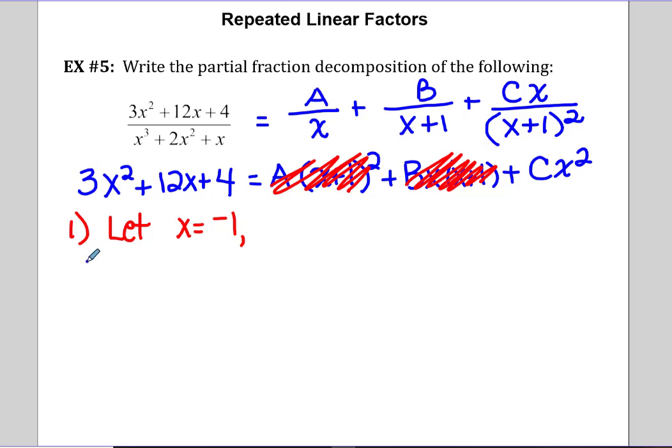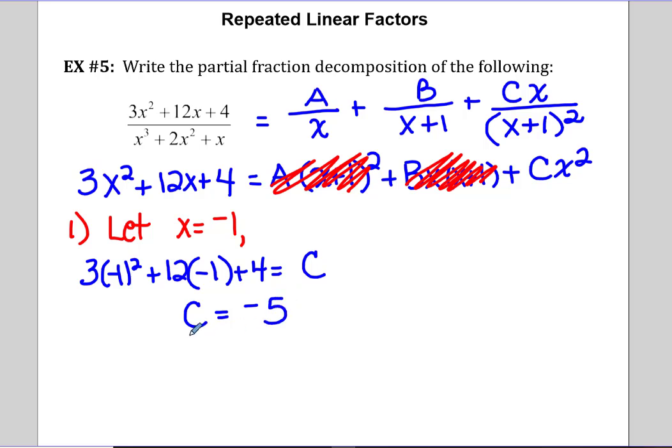So if we let 3 times negative 1 squared plus 12 times negative 1 plus 4, and negative 1 squared times c would be c. So this is 3 minus 12 plus 4, that's negative 5. C is negative 5.